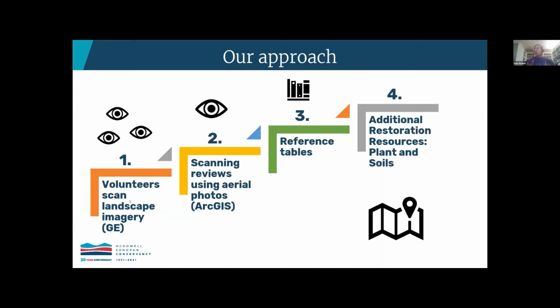Third phase is using the GIS software to produce some basic management information that will be helpful in prioritization. And then the fourth phase is providing some guidance about what kind of seed mixes and so forth might be useful for active restoration of degraded sites. Next slide.